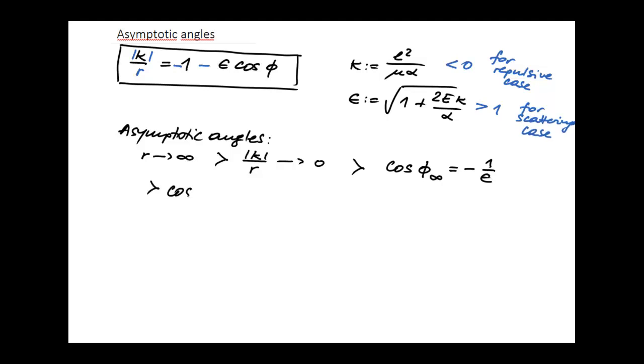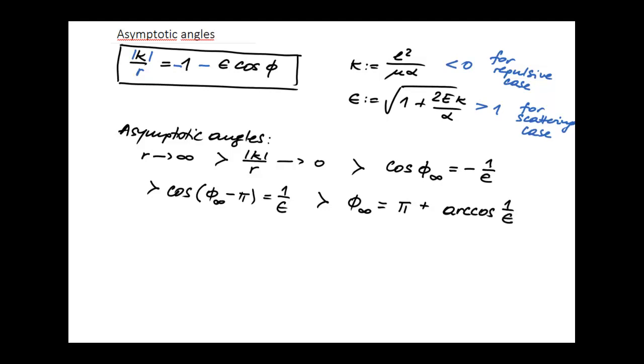We can slightly rephrase it. We can say, well, if the cosine of phi is minus 1 over epsilon, we can shift by pi, and this must be equal to plus 1 over epsilon. And this we can solve for phi. And this must be pi plus the arc cosine of 1 over epsilon.